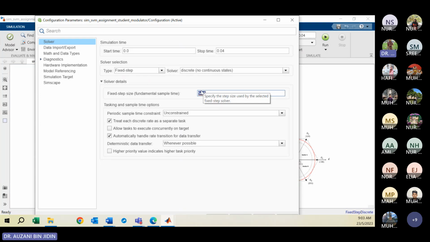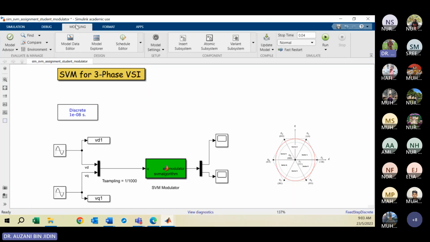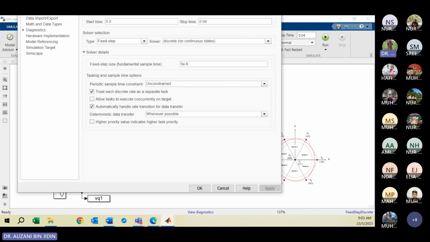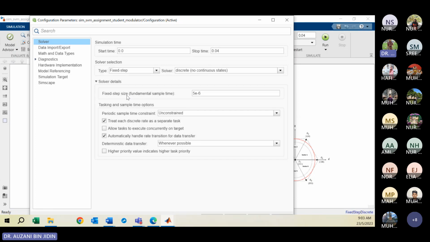5 micro. You click this button. Go to the modeling tab. Make sure you click the modeling tab. Click this model setting button. Then you change the fixed step size to 5 micro.